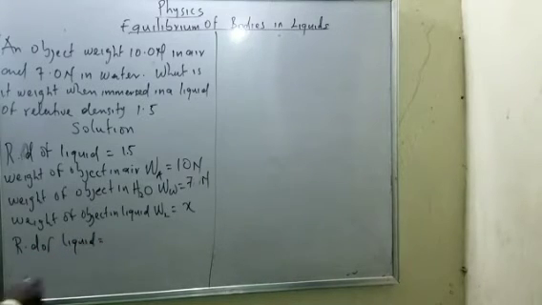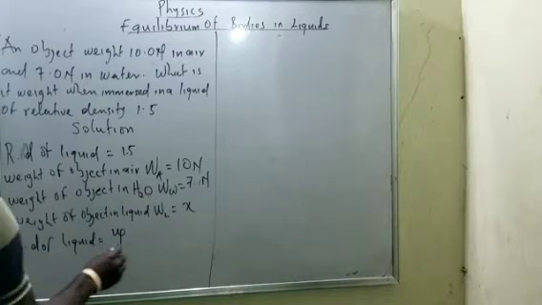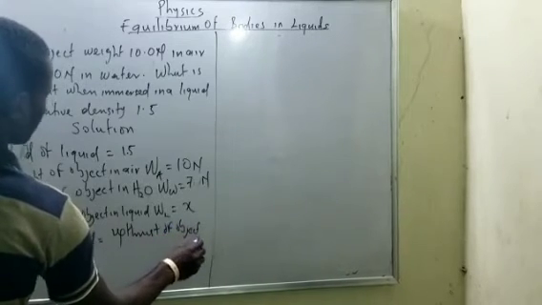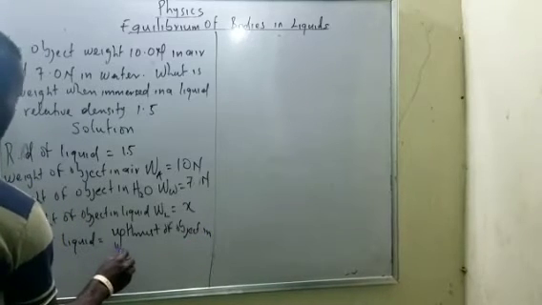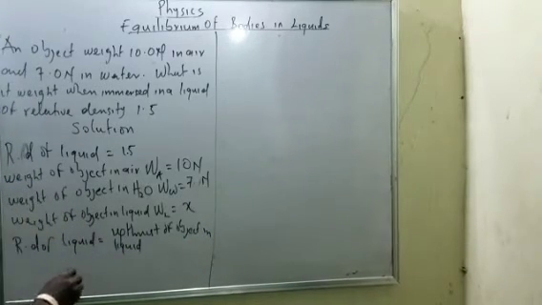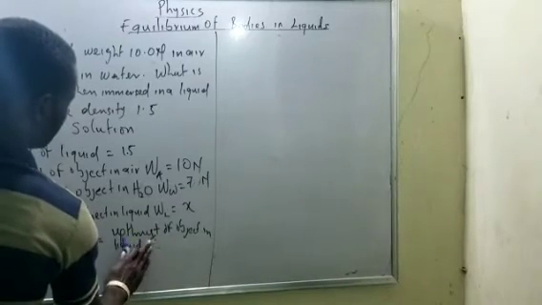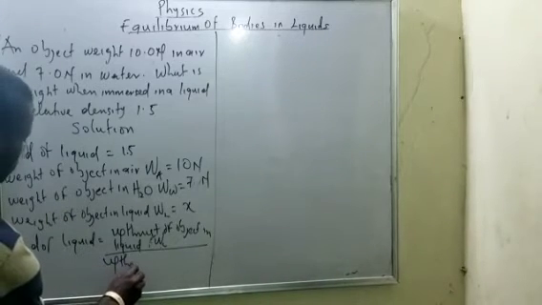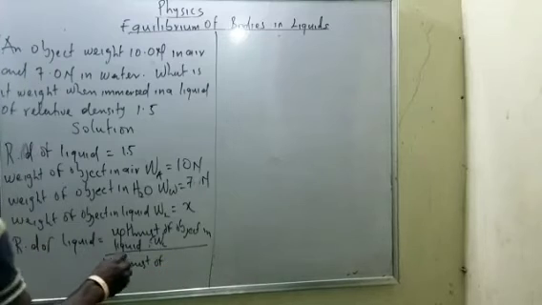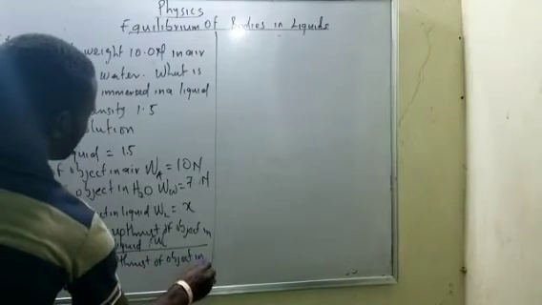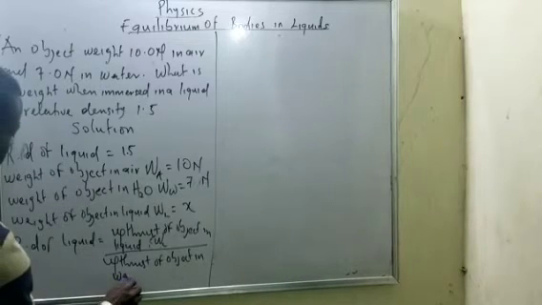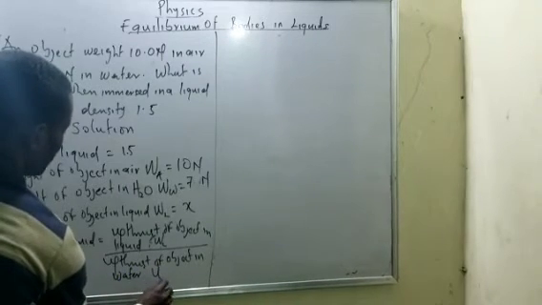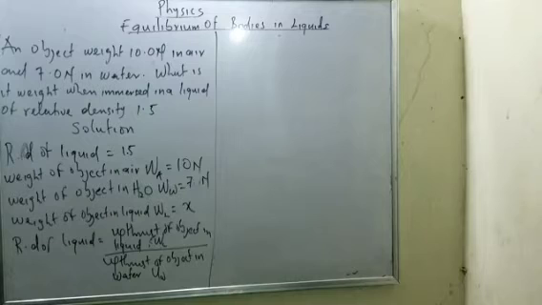It will be equal to the upthrust of the object in liquid, which is U of L, divided by the upthrust of the object in water, which is U of W. With this, I'm good to go.